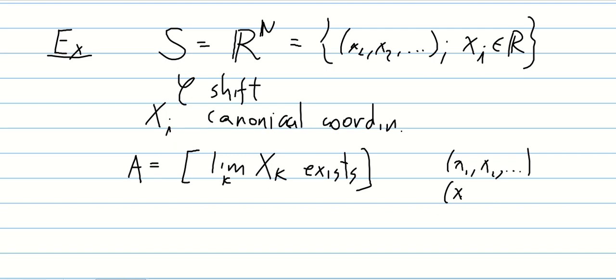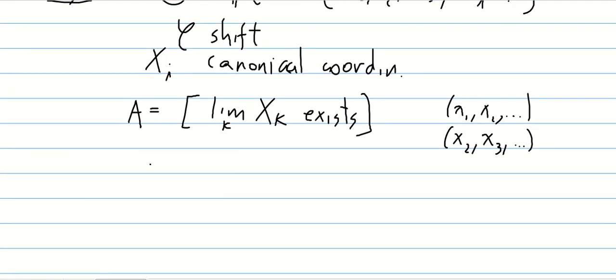So phi is the shift, we just shift the sequence. The fact that the limit exists cannot change. If it exists here, it will also exist here, and vice versa. So this is invariant with respect to phi. Also, the limit being equal to something, this is also invariant. If we shift, we cannot change the limit.